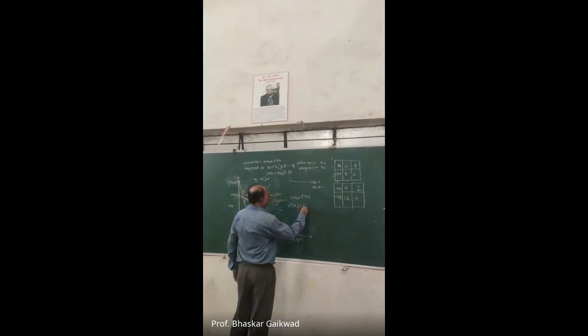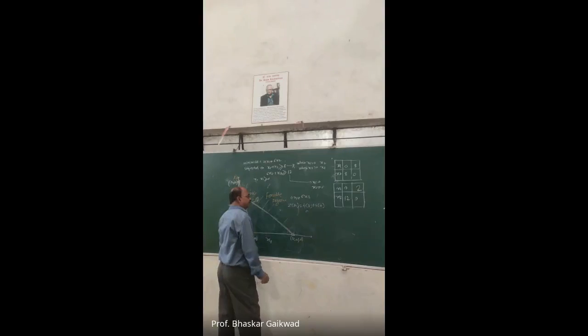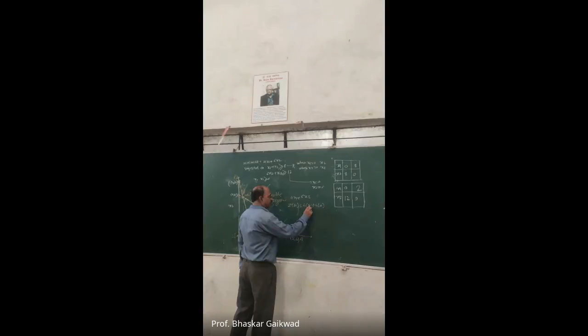So here 4 times 8 plus 6. What is x2 here? 0. So what is the answer here? 48. Am I correct? 32.